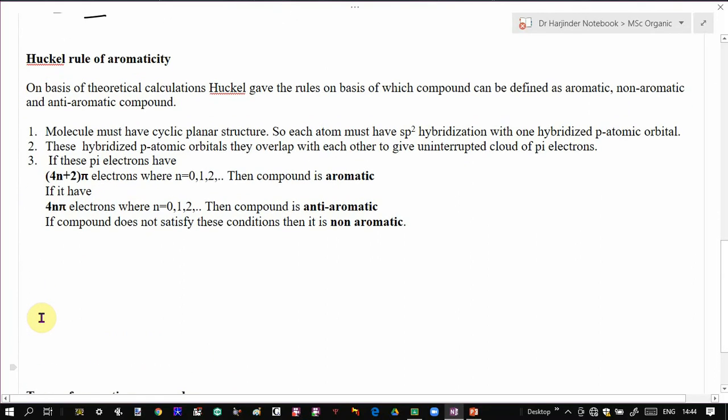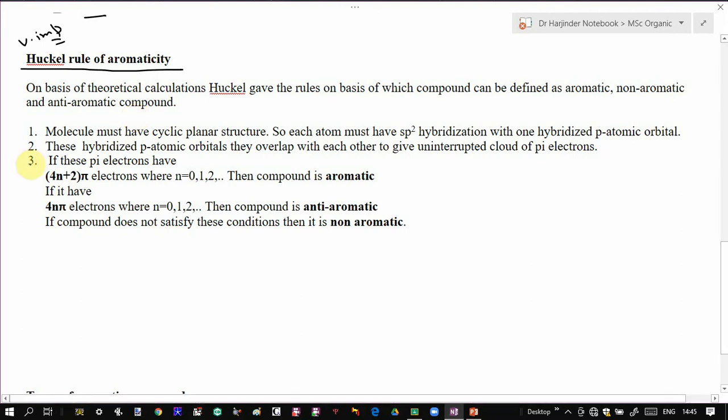That is called Huckel's rule of aromaticity. So this is very important. Huckel's rule of aromaticity gives a few conditions. On the basis of that, we can define whether a molecule is aromatic, non-aromatic, or anti-aromatic.